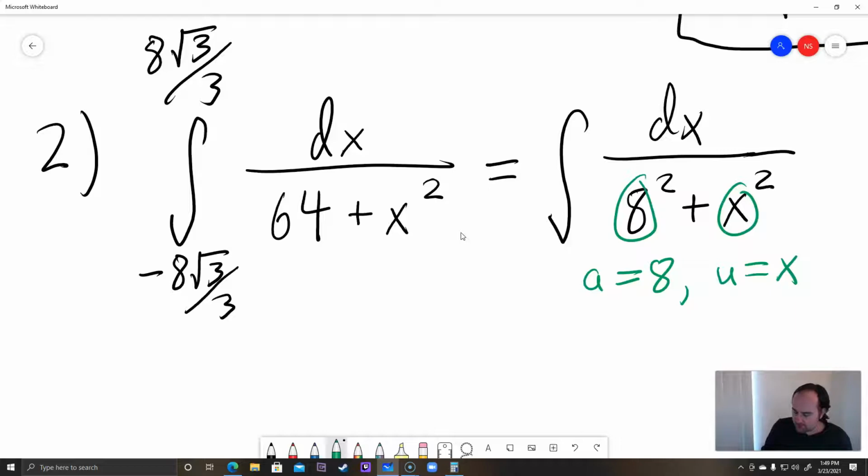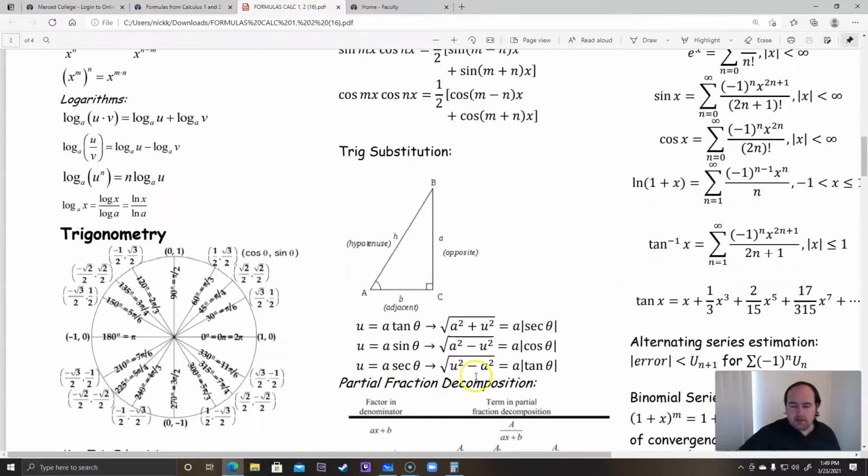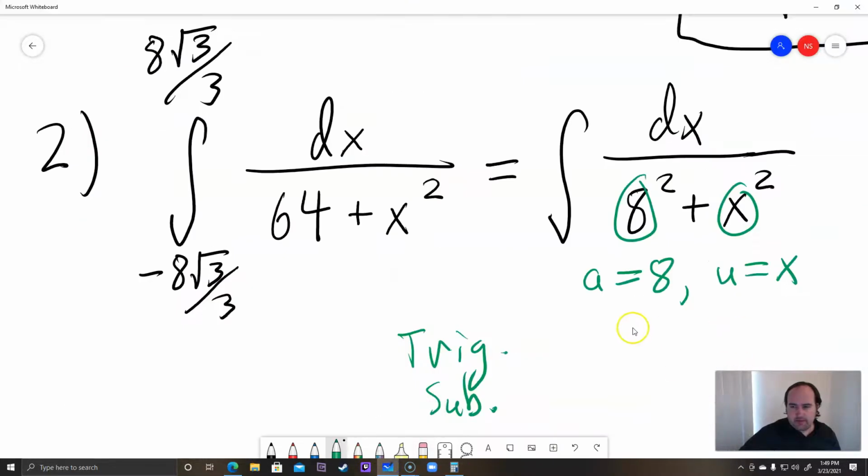So then we do the trig substitution, which is going to be the same as the last problem, even though it looks a bit different. So we're going to say u equals a tangent of theta. So that's going to be x equals 8 tangent of theta.